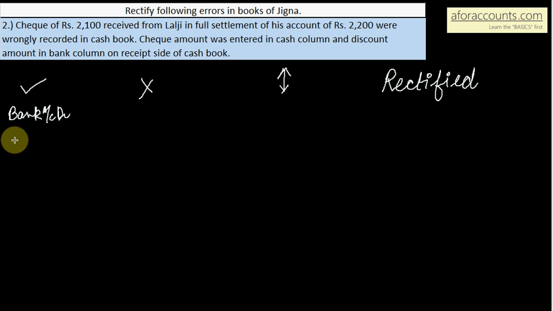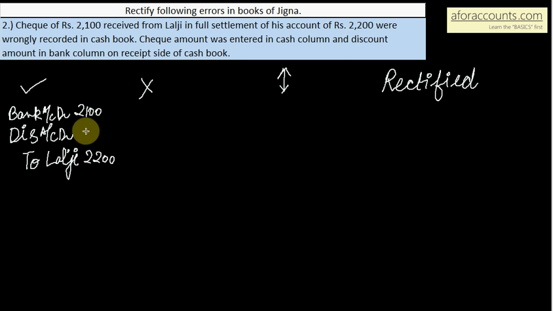Now discount comes along with bank or cash. Discount account debit to Lalji, because Lalji is giving us a check. So to Lalji. Okay, and the total amount was 2,200, so credit Lalji by 2,200. What check amount did I receive? 2,100. So 2,100 here and 100 in debit will be your discount. This is your right entry.